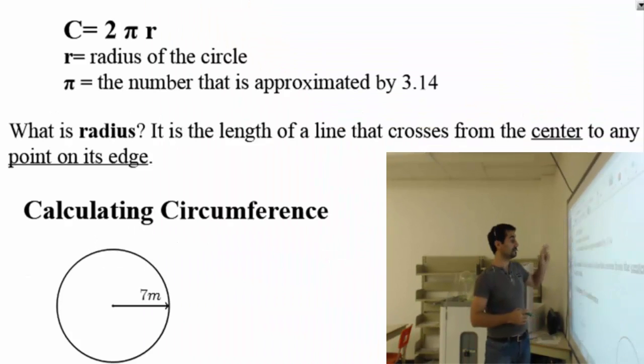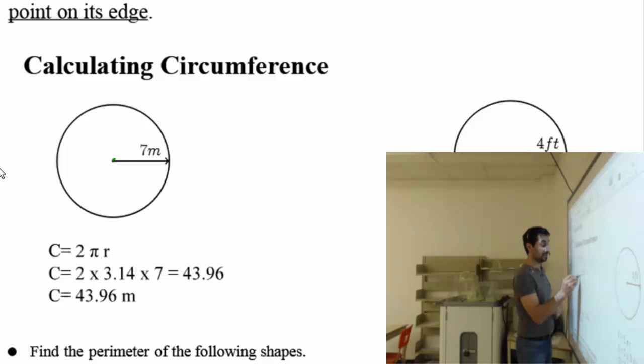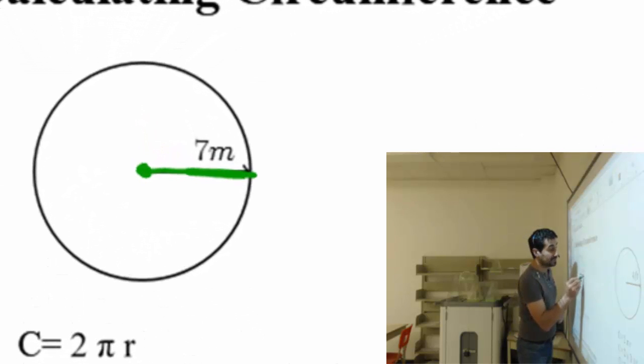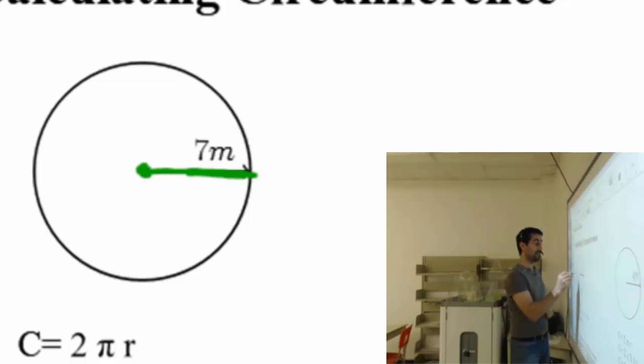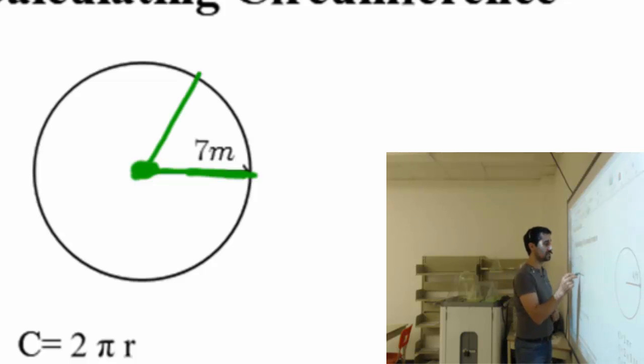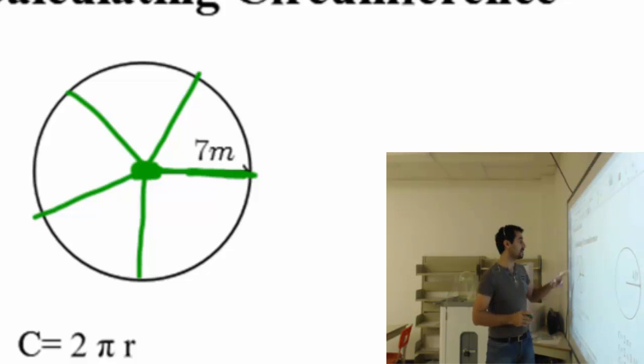A circle, what we need to know about it, the most important, has a radius. What is radius? Radius is from the center of the circle, you make a straight line to any side here, there, or here, and there. As long as you start from the middle, that will be the radius.